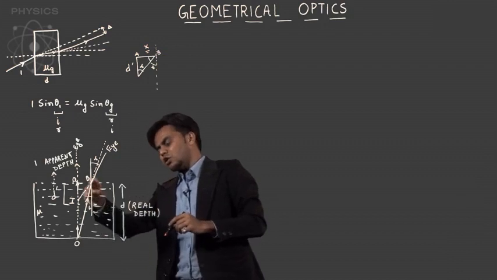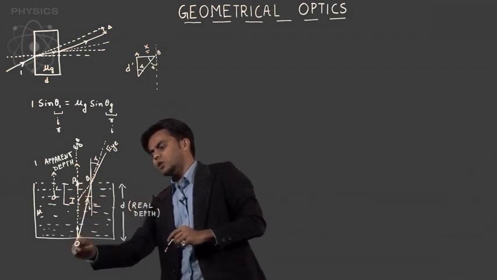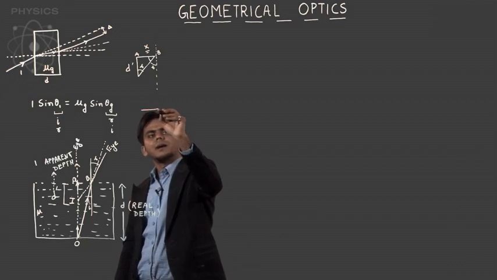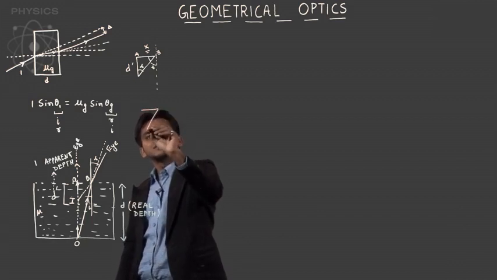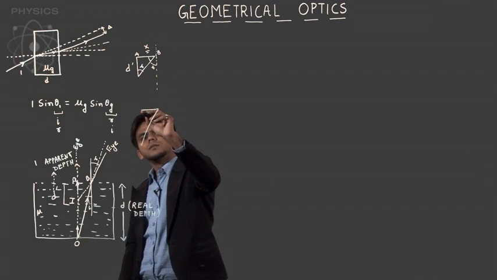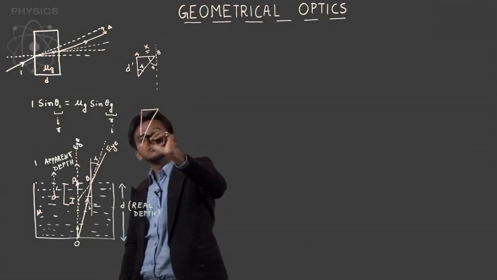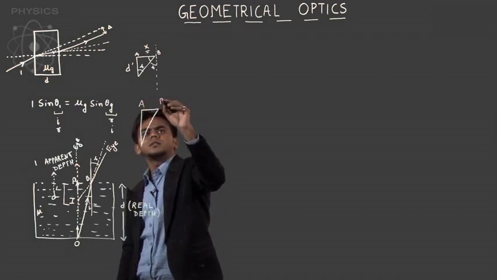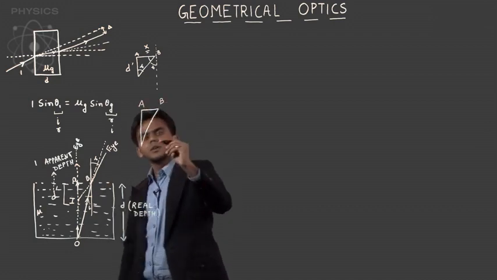Now draw another triangle, ABO, the bigger triangle. See, these diagrams are not perfect to scale because it's a freehand diagram. So just consider that the same triangle has been constructed over here.